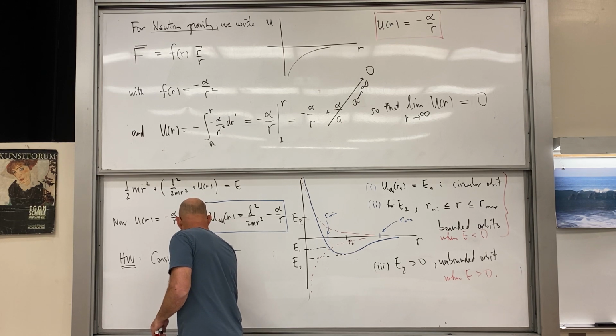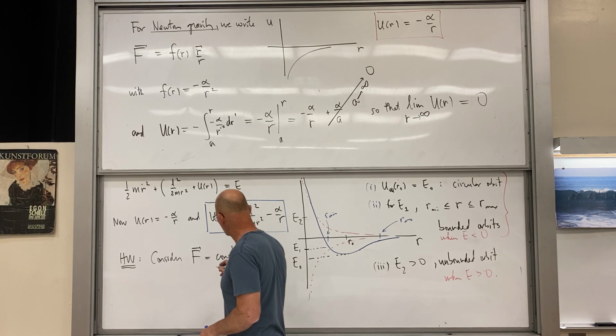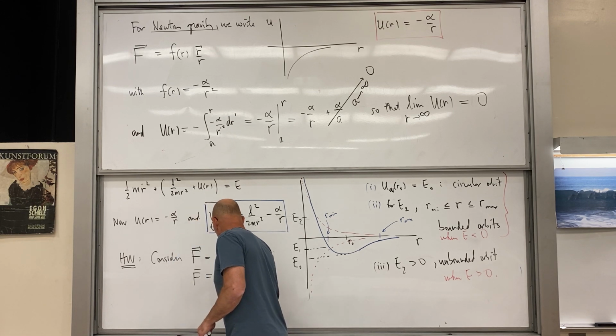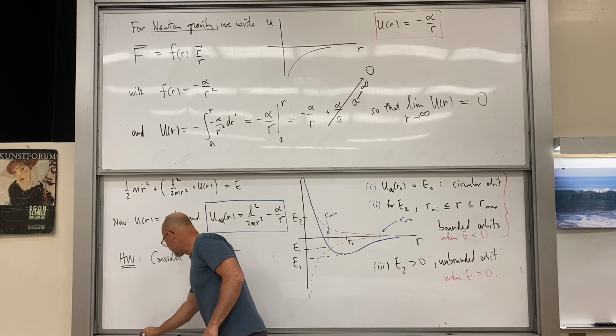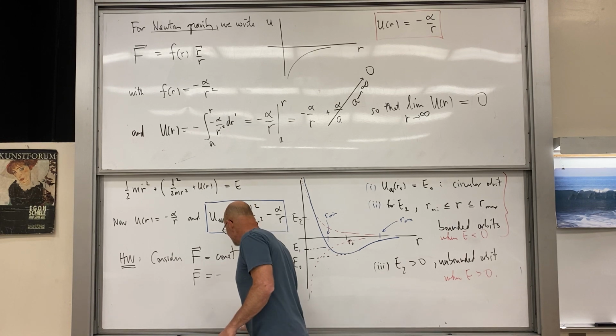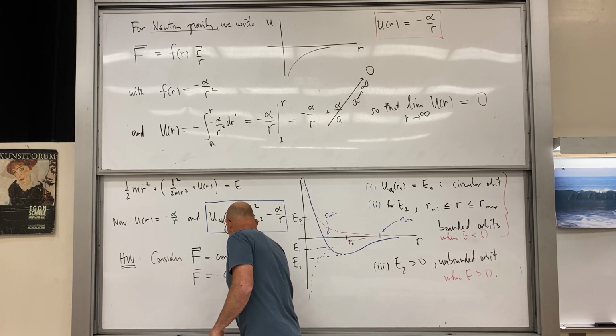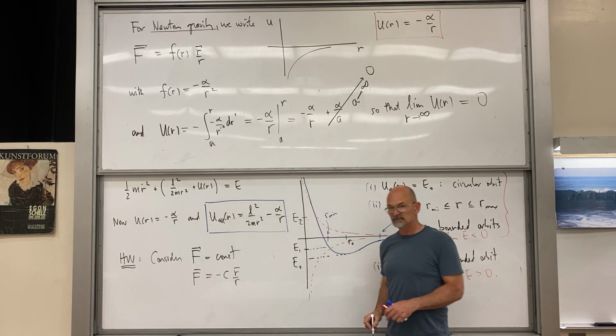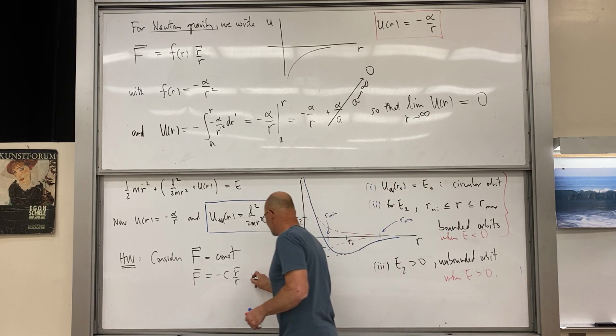Now formally, it has to be an attractive force. So we have F equals minus F0. We don't have to have a 0 there. Let's just say minus C times r-hat, R over R like that, where C is a positive constant.